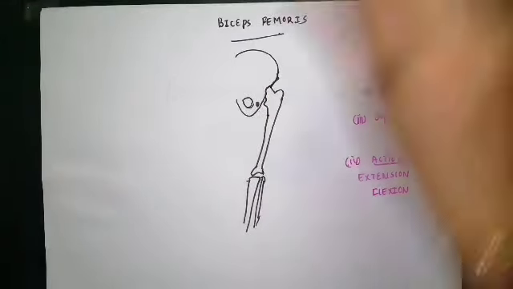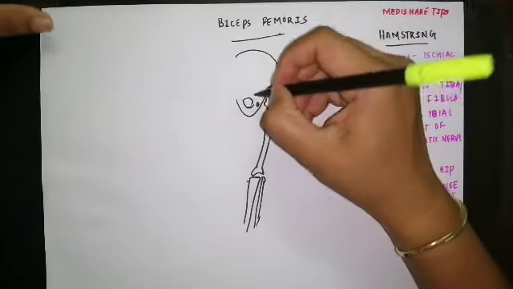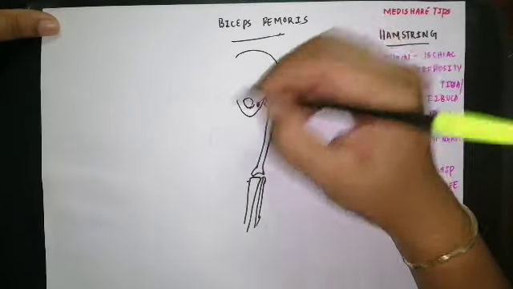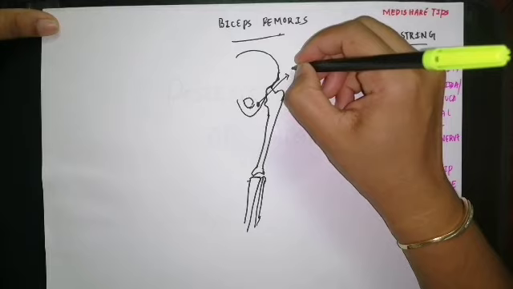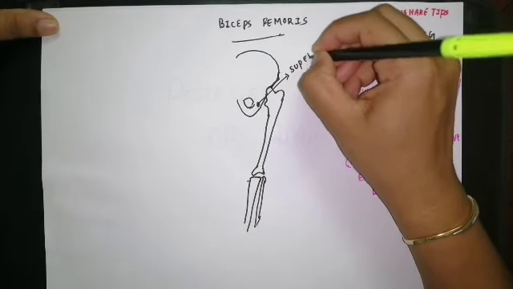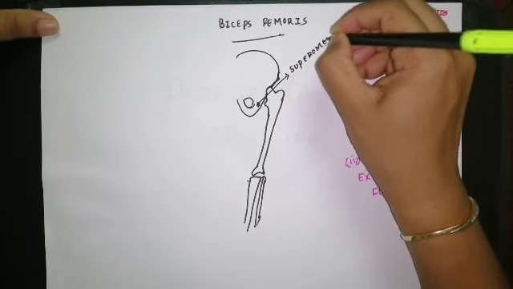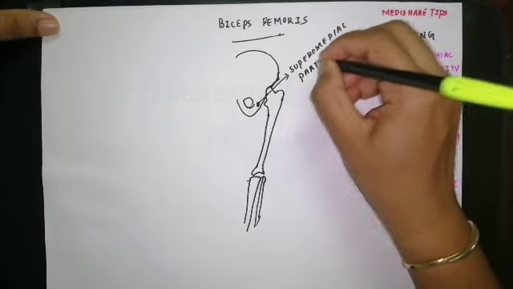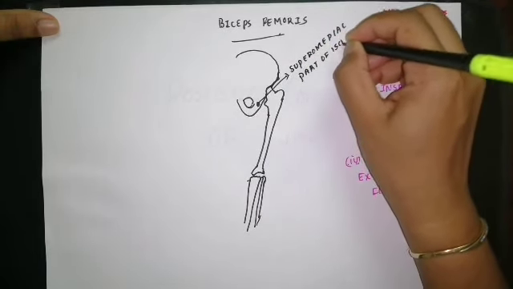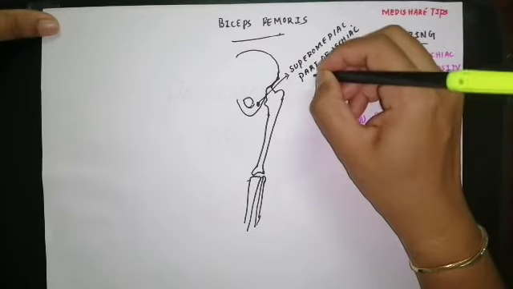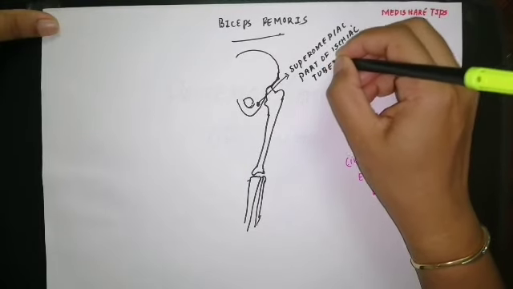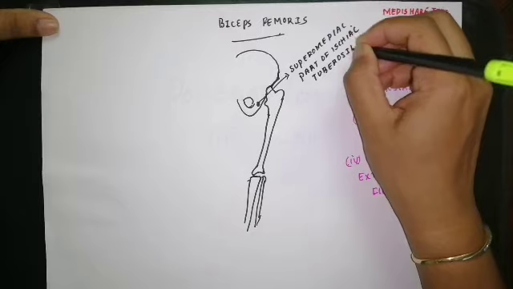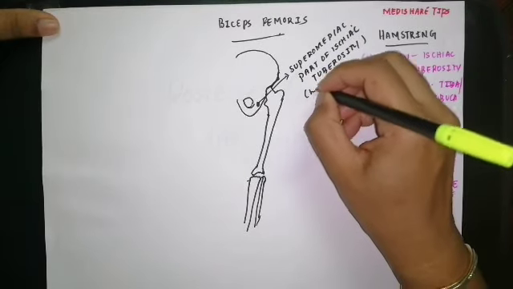So that is the origin of the long head of biceps femoris, that is the superomedial part of ischial tuberosity. So this is the origin of which head? That is the long head.